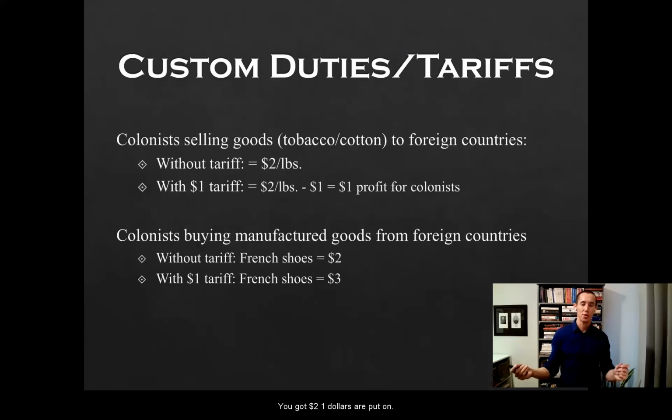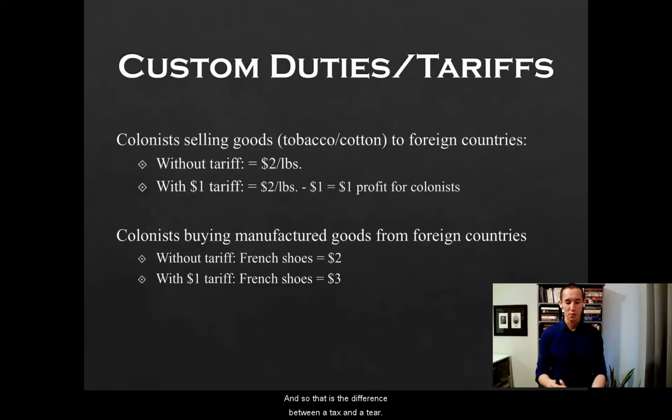So a French shoe costs $2, and a $1 tariff is put on it before it comes to America. Now it's going to cost $3. Well, if a British shoe is only $2, the colonists are going to buy the British shoe since it's $1 cheaper. So custom duties are meant to regulate trade, but they can also be used for revenue purposes.